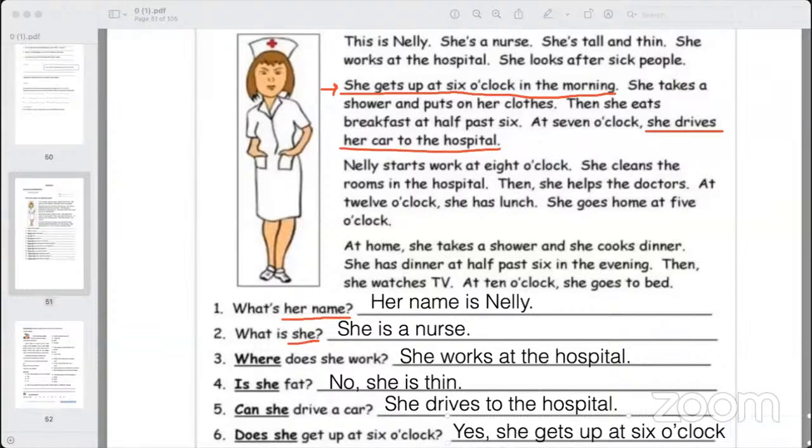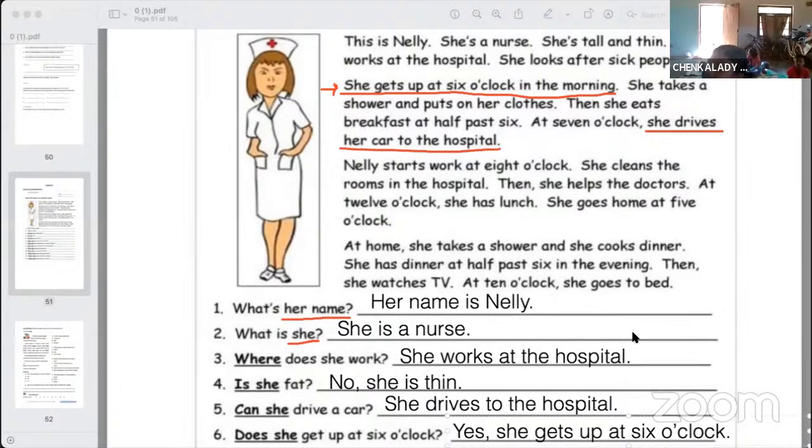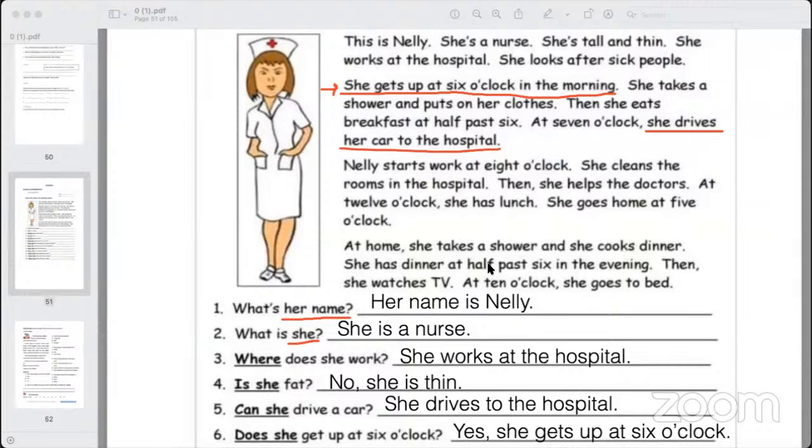I haven't got enough space. Okay. Right, so far, are you all understanding how to answer these questions in full sentence?